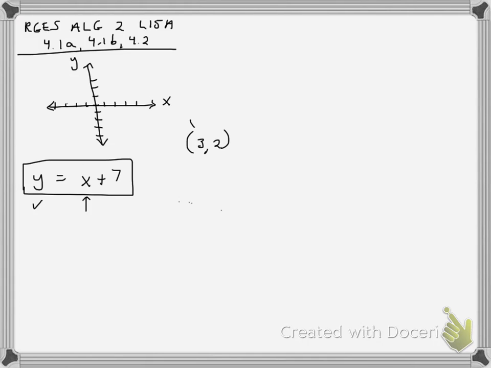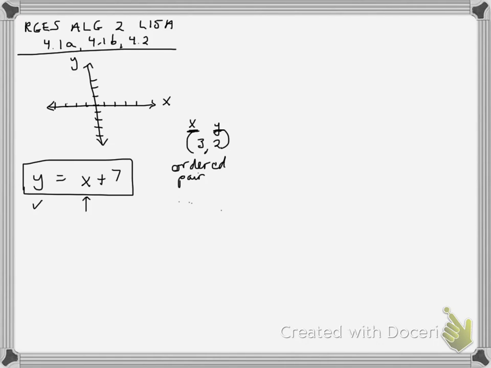The first number would always represent the x, and the second number would represent the y, because I need both an x and a y value in my ordered pair.